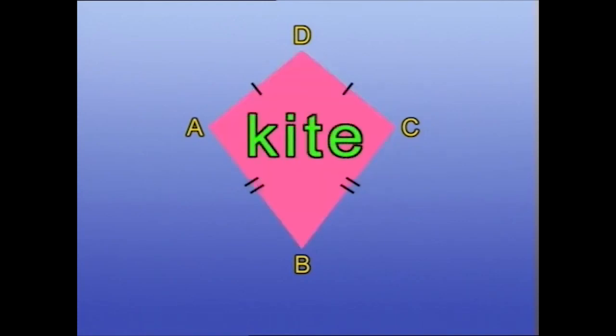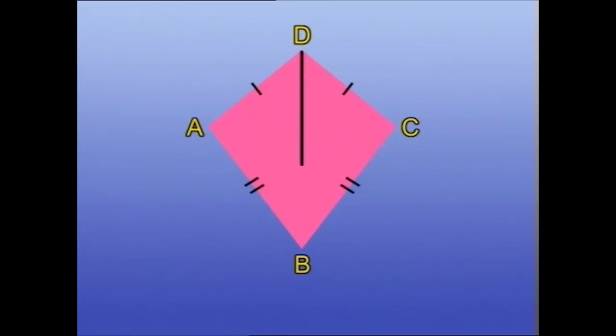A kite is a quadrilateral. It's not, however, a parallelogram. For a quadrilateral ABCD, if there are two pairs of equal adjacent sides, that's to say if BA equals BC and DA equals DC, then ABCD is a kite. One property of a kite is that one of its diagonals is an axis of symmetry.